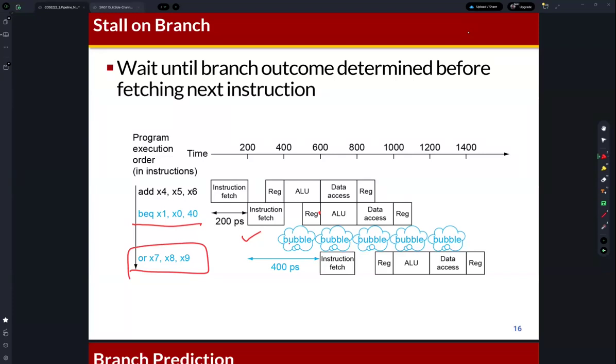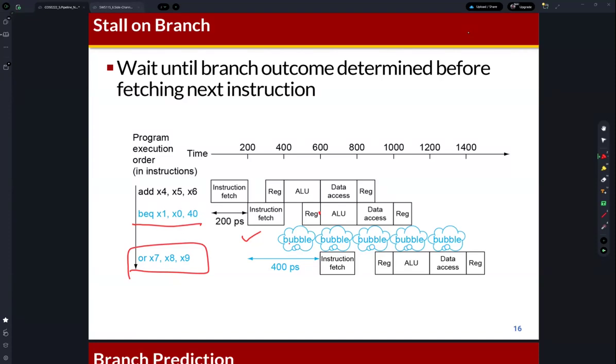So the next instruction needs to wait. So this is also a huge performance degradation. Whenever the branch instruction is executed, 1 or 3 clock cycles are wasted, right? And this is a huge performance degradation.